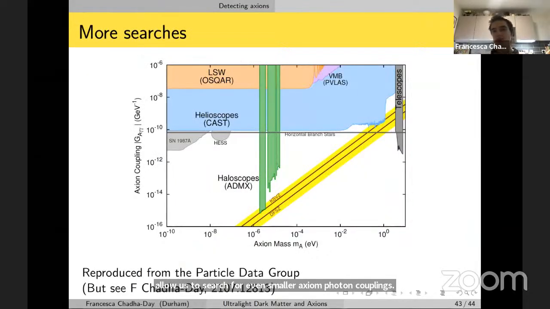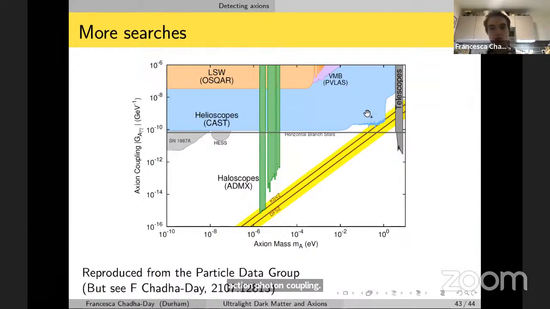Okay, so I've given you a few ways of searching for axions, but there's actually loads more, which are described on this plot. So here on the x-axis, we have the axion mass, and on the y-axis, the axion photon coupling.